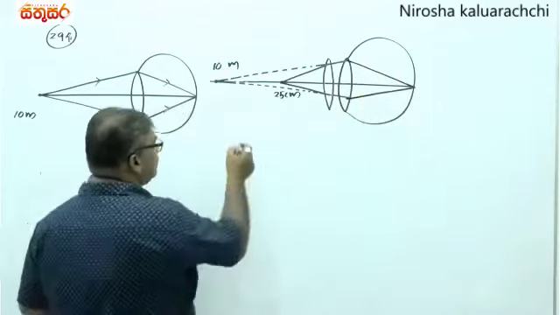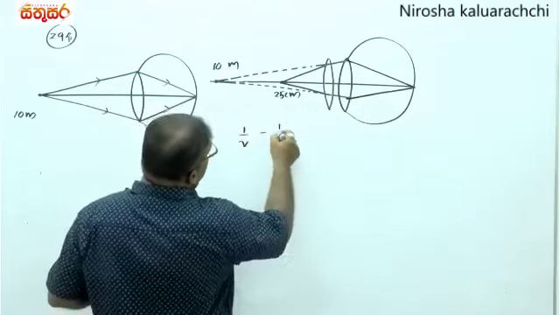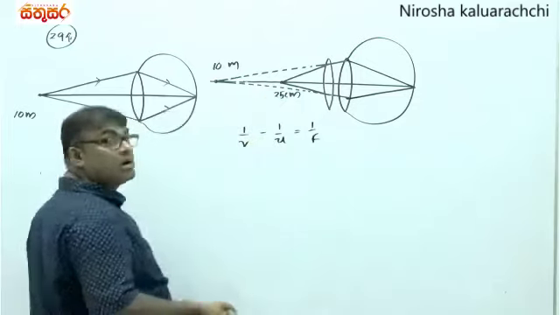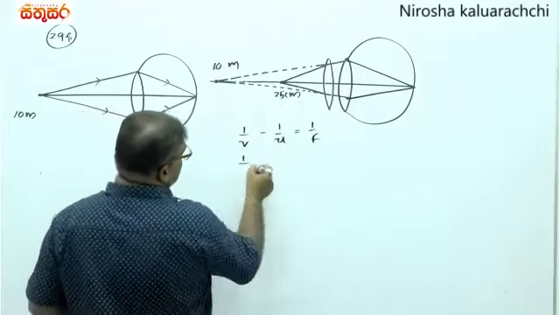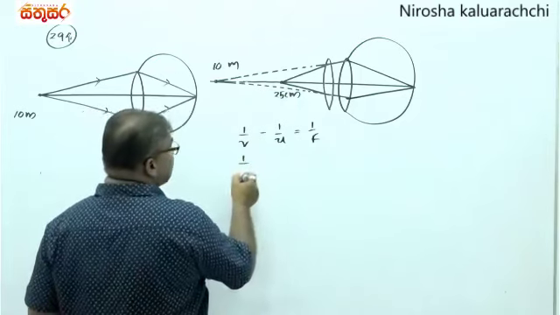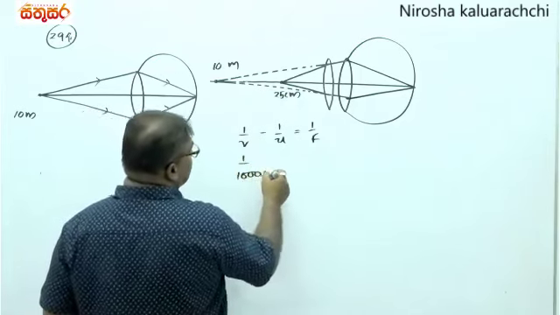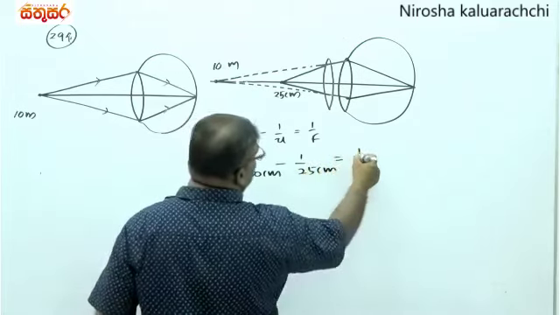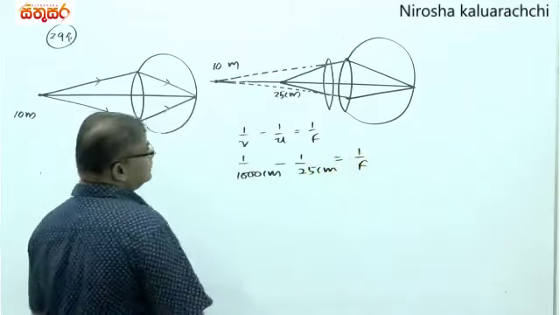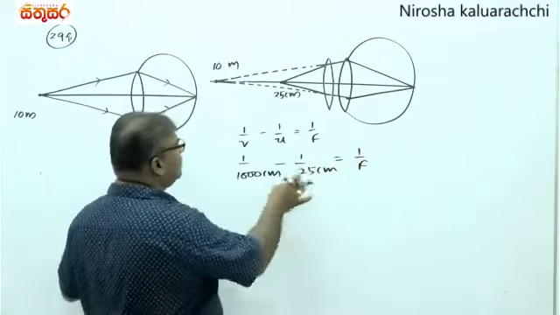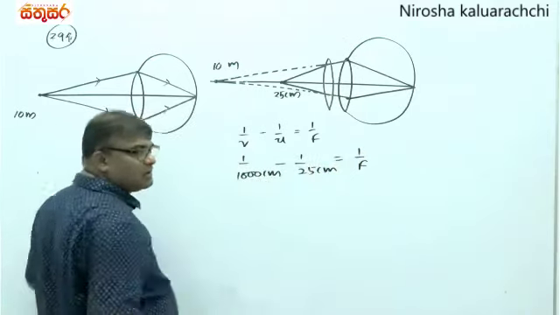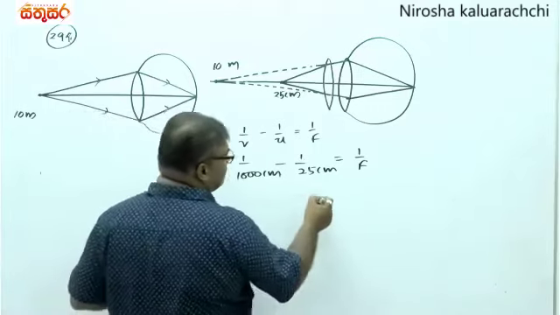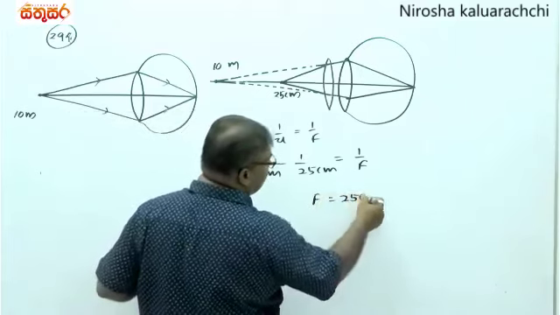Then when you apply 1/v - 1/u = 1/f, the image distance for the lens should be 10 meters, 1000 centimeters, minus 1 over u, 25 centimeters; you have to find the focal length. Compared with 1/25, 1/1000 is negligibly small, so you can remove it and keep the final answer about 25 centimeters.